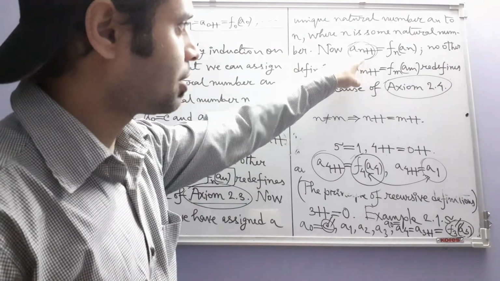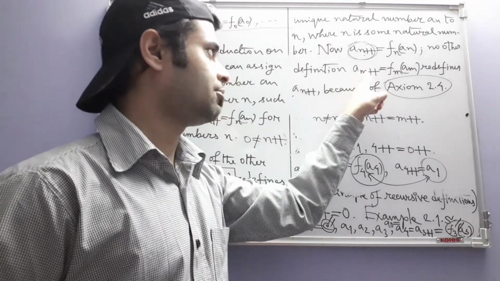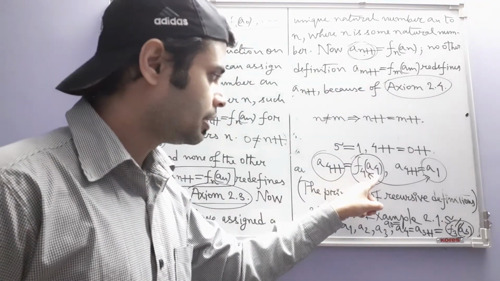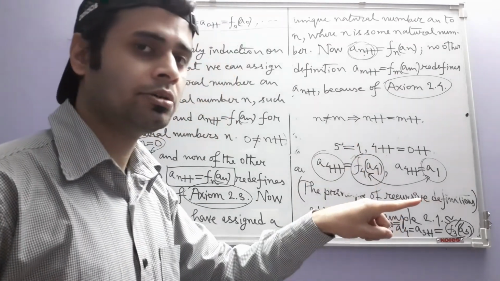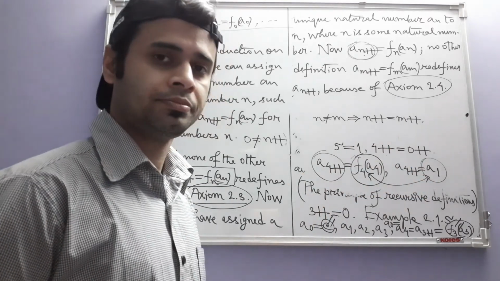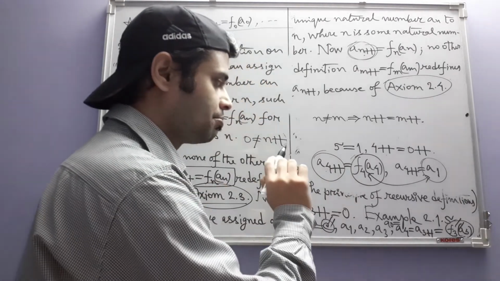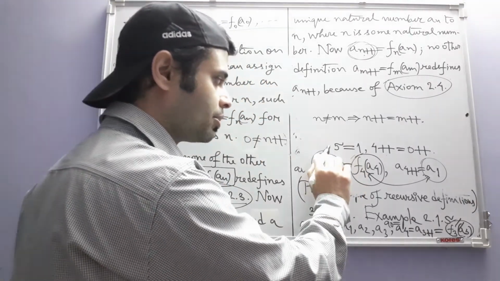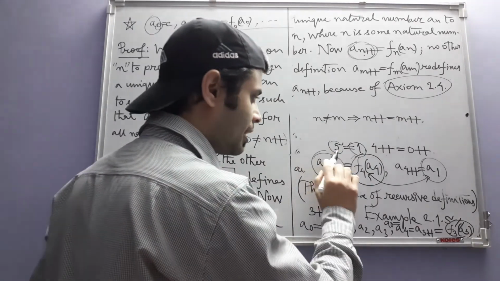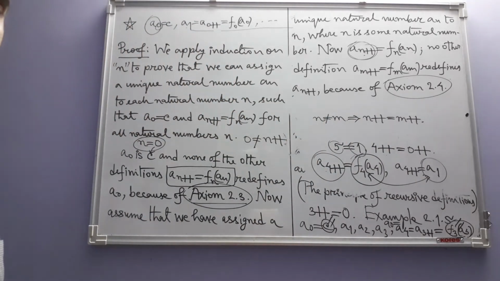So n plus plus, which I am now defining, this n plus plus value has not appeared before. Here you see a_4 has appeared before, because a_4 is equal to a_0. For example, a_5 has appeared before because a_5 is equal to a_1 because 5 is equal to 1 in that peculiar system. So that's why we have the problem here. But here axiom 2.4 saves us from that.